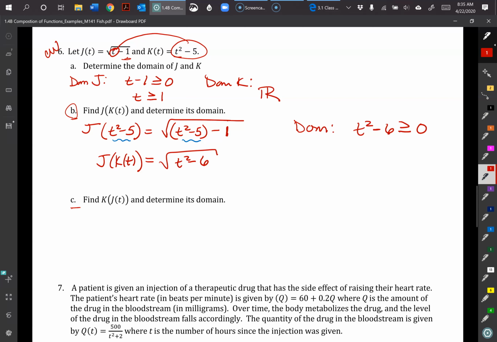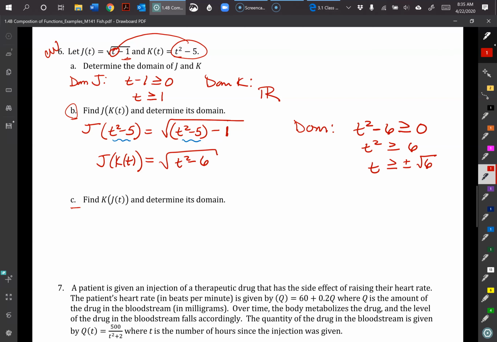I think graphing is pretty easy. You can figure out the zeros by just using the square root method here. So we could do T squared greater than or equal to 6, and then take the square root of both sides. So we get T is greater than or equal to plus or minus square root of 6.